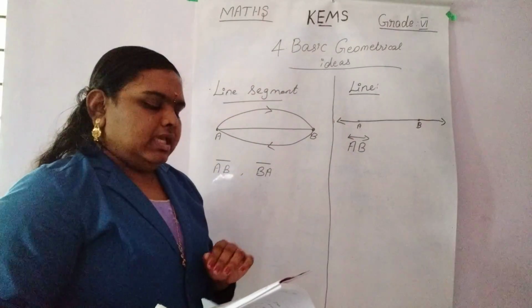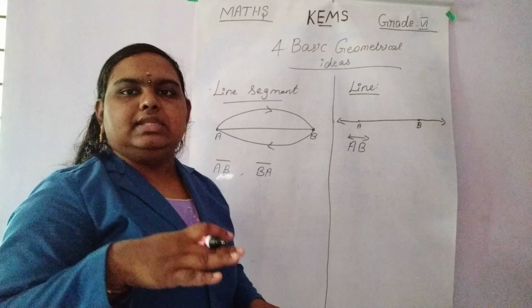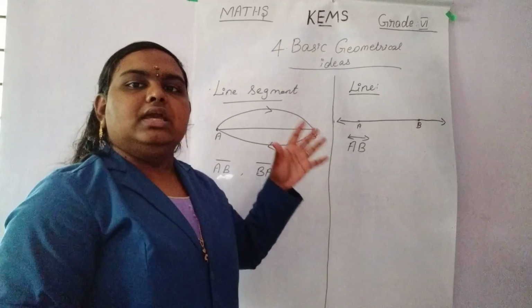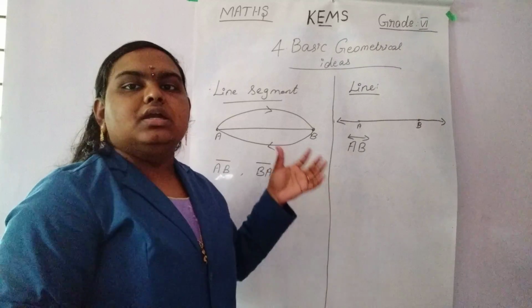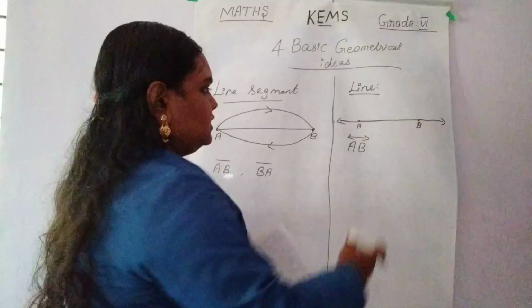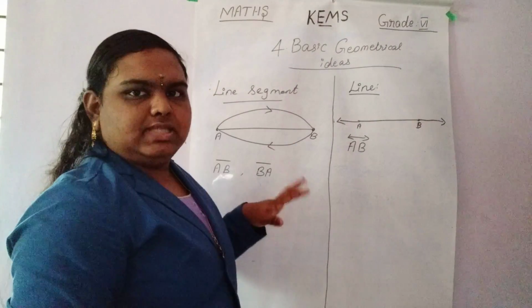So it contains a countless number of points. It is not a fixed number. It can be a countless number of points. It is indefinite. So we can mark many points like that.